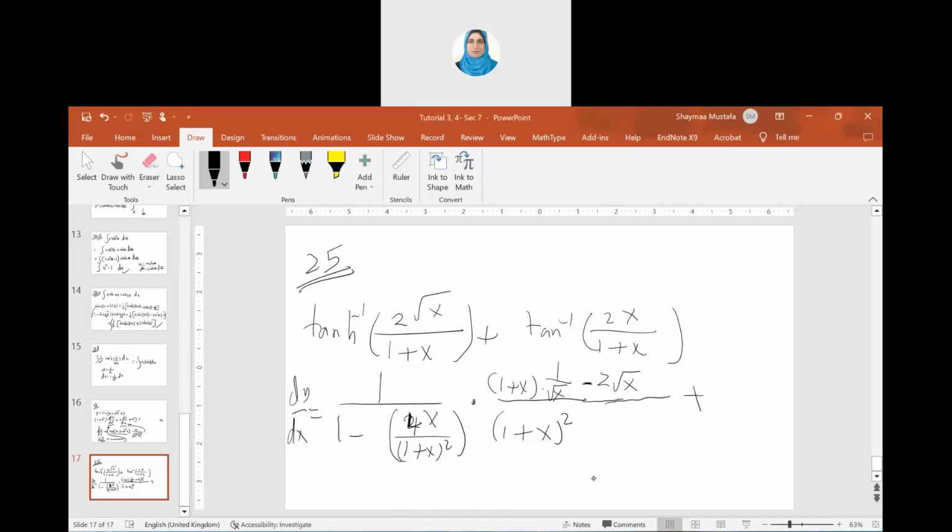So 1 over 1 plus 4x over 1 plus x square, times the derivative for this one, which is 1 plus x squared, 1 plus x times 2 minus 2x times 1, the derivative of 1 plus x. So this one you can simplify, or you can keep it. It's okay for me, both are okay.